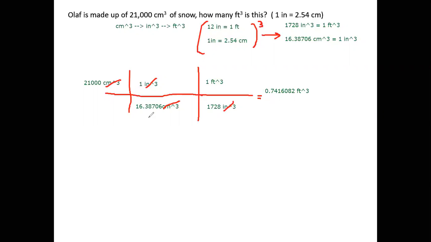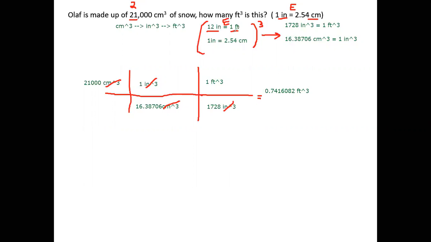So we take a look, our initial number, 21,000, has two significant figures because there's no decimal point at the end. So this one has two. 1 inch is 2.54 centimeters. That's exact. And 12 inches, 1 foot, is also exact.